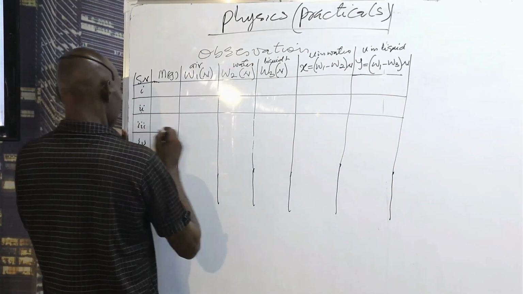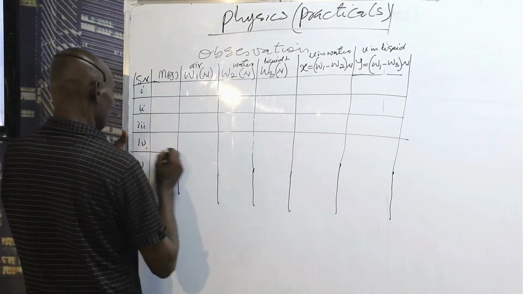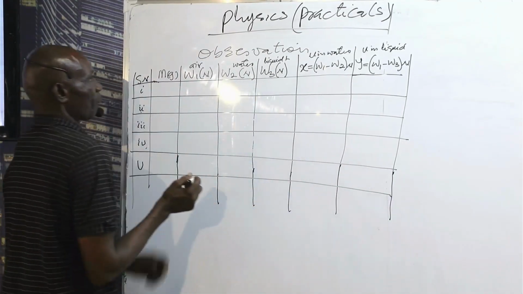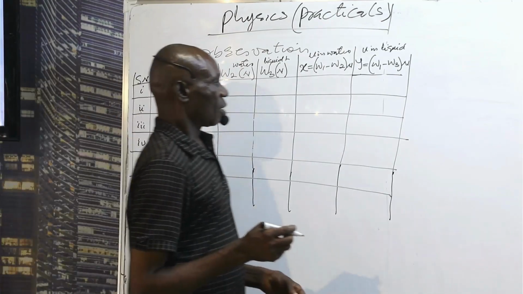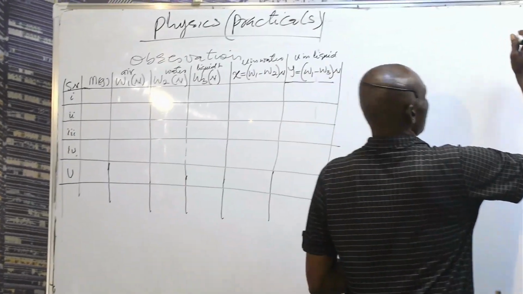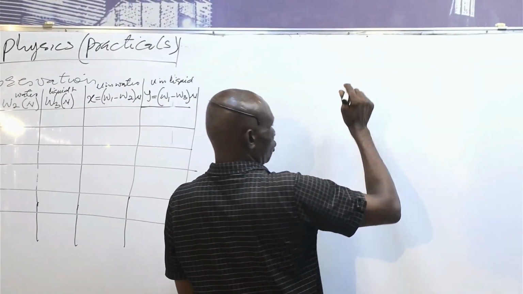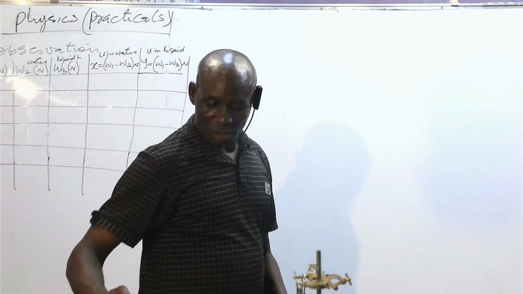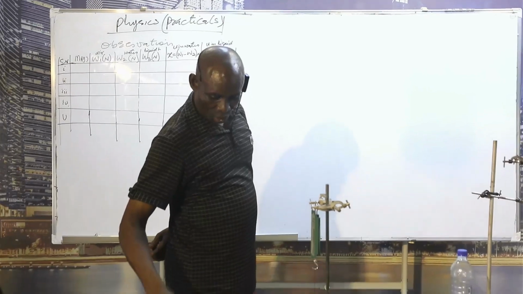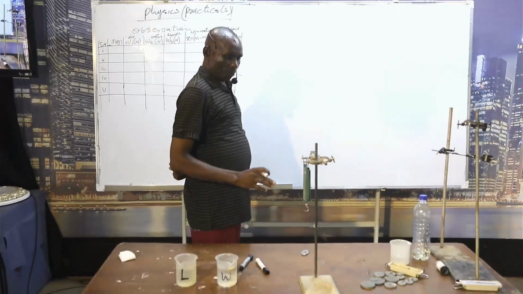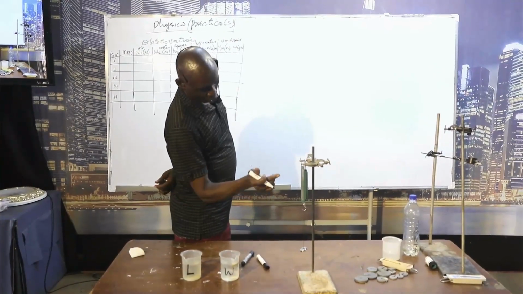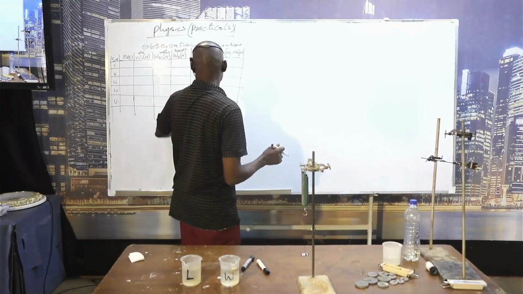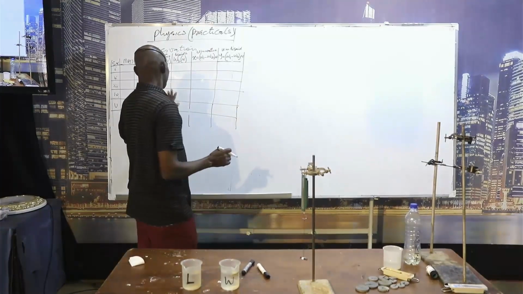So this is the observation table. And we want to observe exactly, for us to determine exactly the upthrust in liquid and the upthrust in water. We first observe that of the weight in air. So from here, we can now get the table.